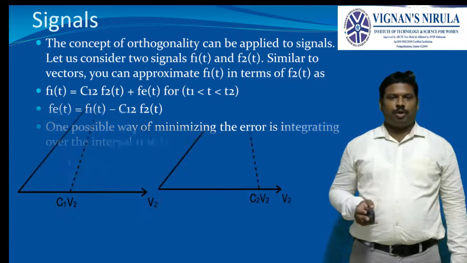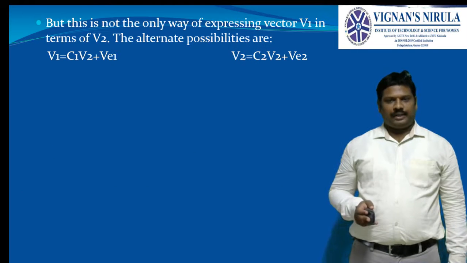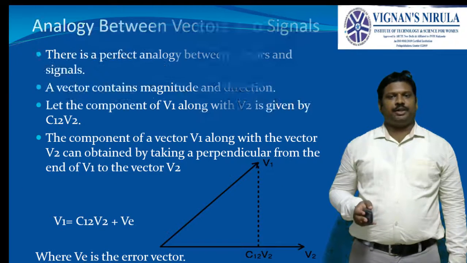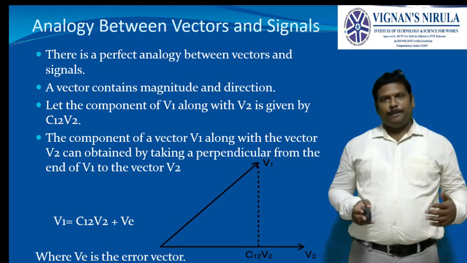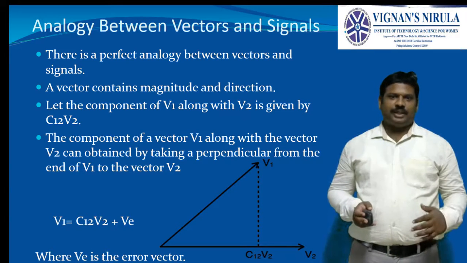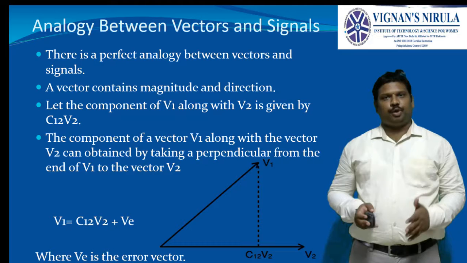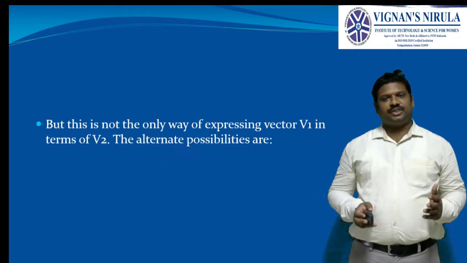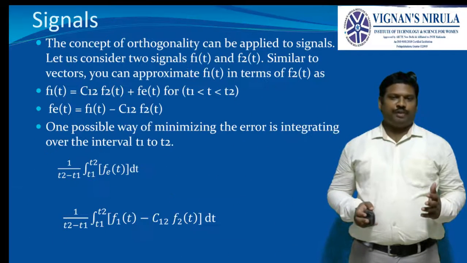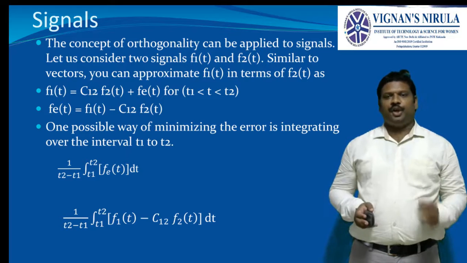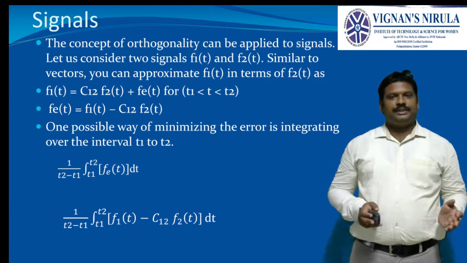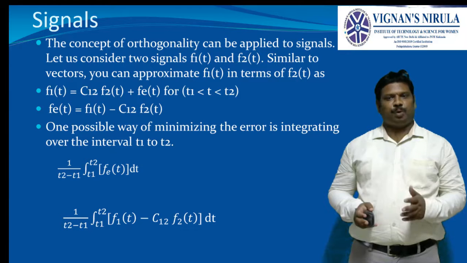Next, this is the concept of vectors. This concept of vectors will be similarly implemented upon the signals. Here we considered the V1 and the V2 vectors. In the signals we consider two functions, f1 of t and f2 of t.